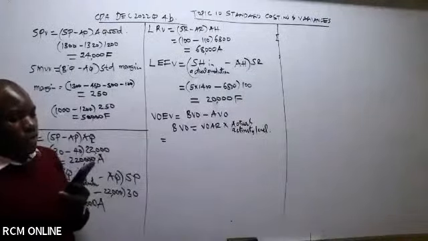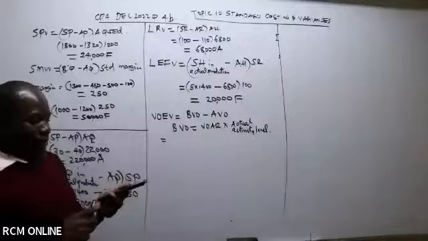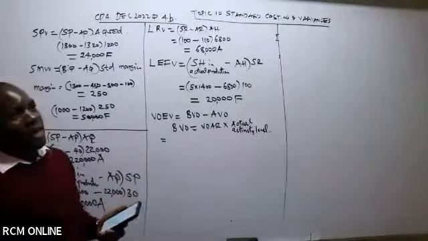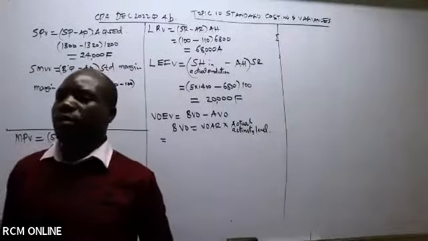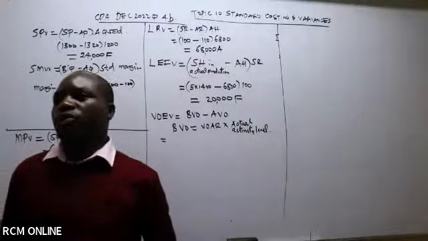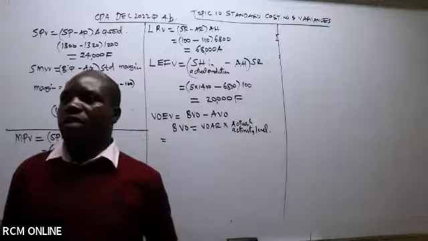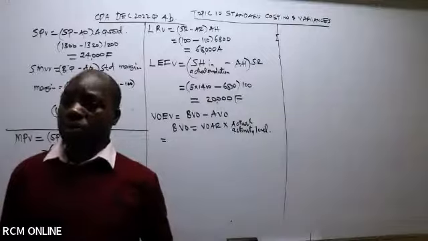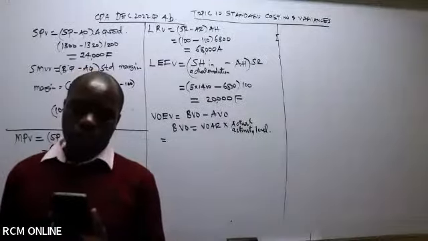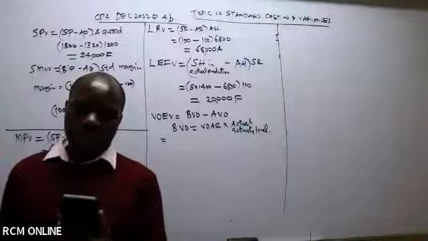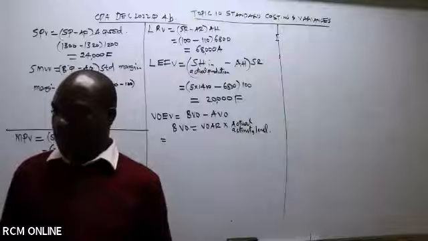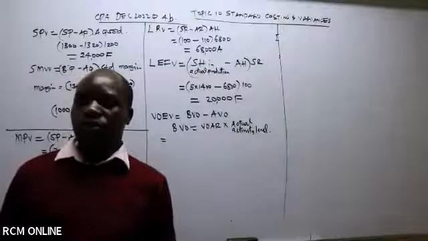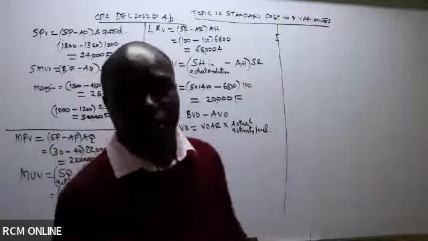Variable overhead absorption rates. If you have been keen in our class during topic number 7, during the last part of topic number 4, you should be able to straight away give me variable overhead absorption rates. So please go to the question and give me the variable overhead absorption rate, and then give a unit there.